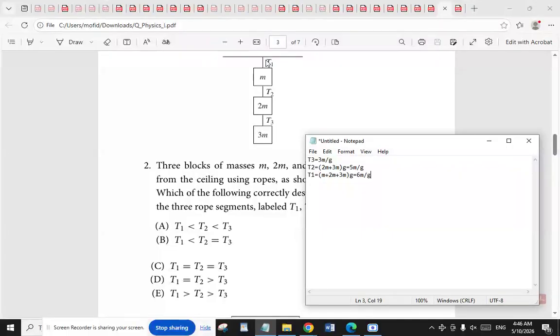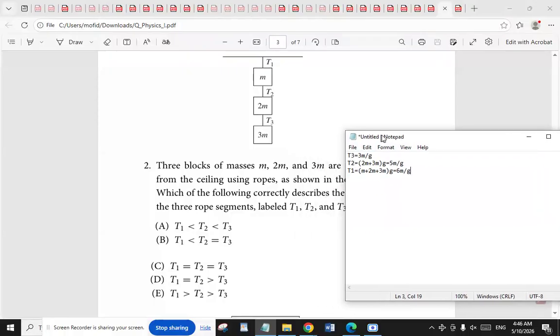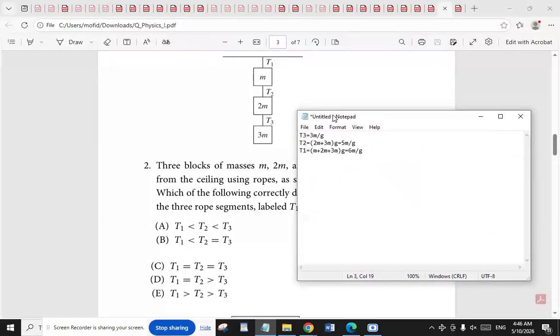You can also use this for your assignment and homework, and use this formula for yourself and think about it. Firstly, in this section we are using Newton's third law: any action has a reaction, the same but in the opposite direction. You see that T1 is carrying all these mass blocks, T2 is carrying these two mass blocks, and T3 is carrying just one mass block.